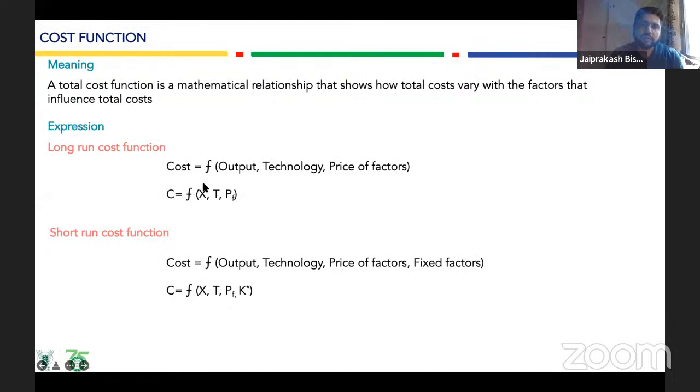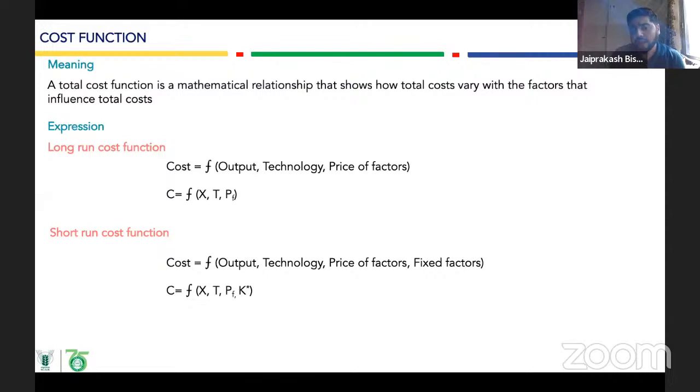A total cost function is a mathematical relationship between how total cost varies with the factors that influence the cost. Okay, तो आप यहाँ देखिए total cost it is a function of output. जैसे आपका output बढ़ेगा आपका more cost लगेगी, technology change होगा तो technology change will also affect your cost. When the price of factors which are involved in the production process changes, it will also influence your cost.